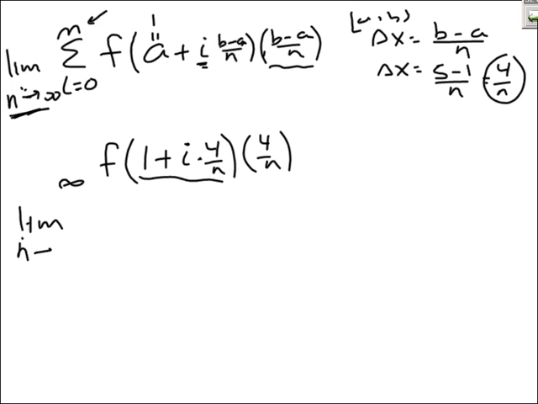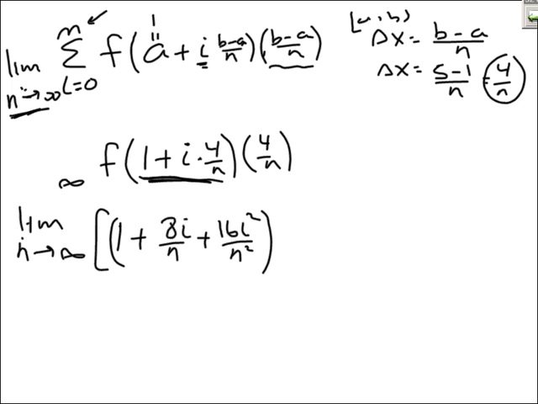The limit as n goes to infinity of this squared, which is 1 plus 8i over n plus 16i squared over n squared. And this gets multiplied by 4 over n.